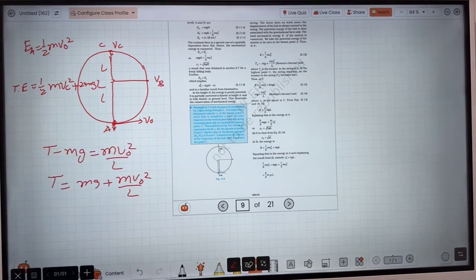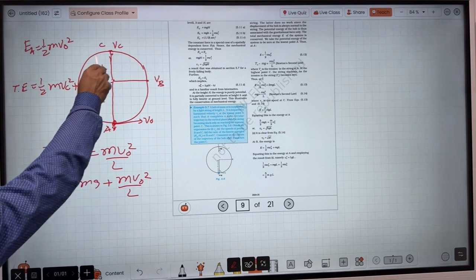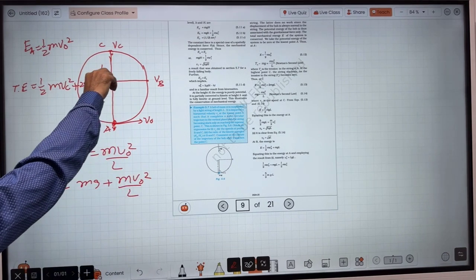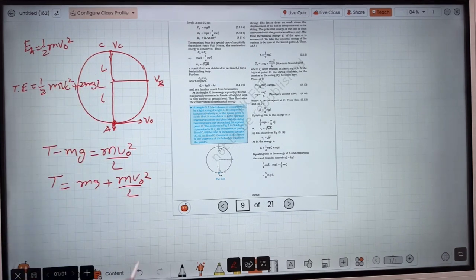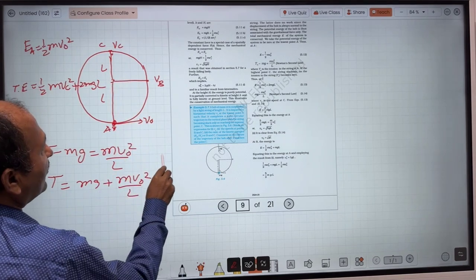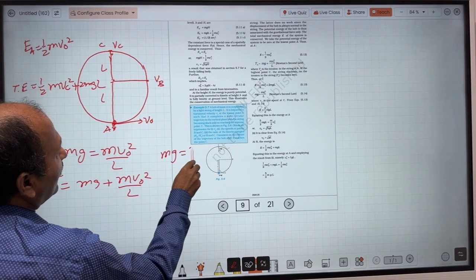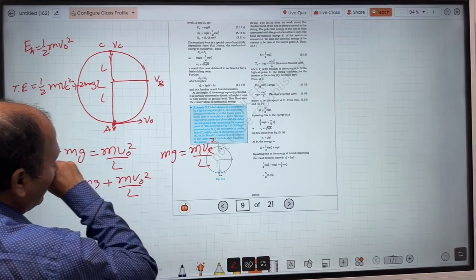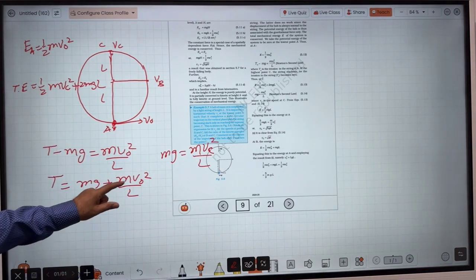Now one more thing, at this point, since the string becomes slack, it means there is no tension. So just centripetal force will be provided by its weight. So we can say at this point mg must be equal to m vc square upon L. Right?